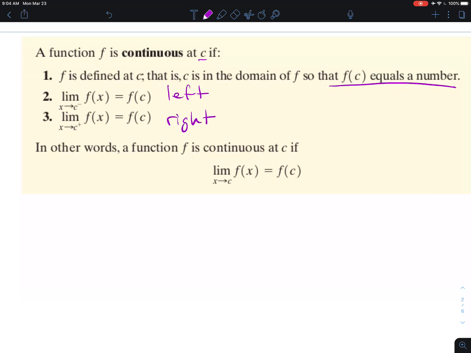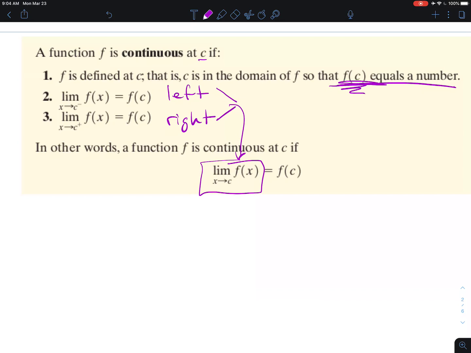So if the limit as x approaches c from the left of the function f of x equals f of c, and that same function from the right equals f of c, then we can say a function is continuous at c. Okay, so these two statements, 2 and 3, remember, if they're equal, they create the limit statement, and that's what we just talked about.